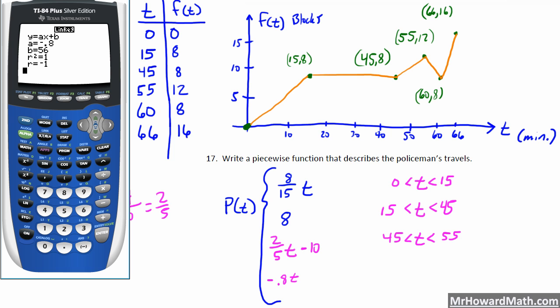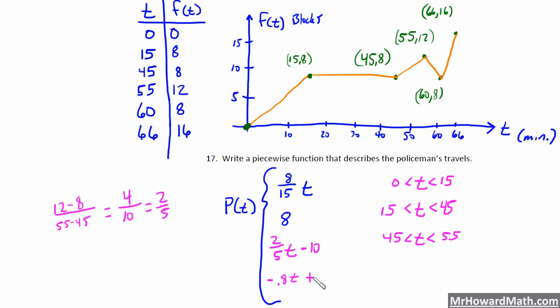Negative 0.8 t plus 56. So that describes the equation part of it. Now we need the domain, so that's less than 60, greater than 55.